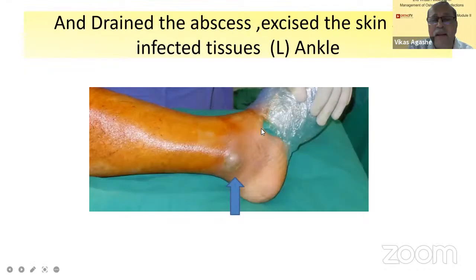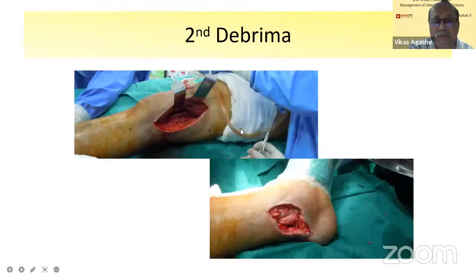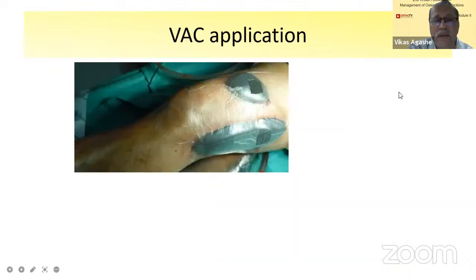I drained this ankle. This is the second debridement. You can see a reasonably clean wound on both sides. So that is the time when we applied VAC. I did not apply VAC on day one. It was only when I realized that there is not much bleeding that I applied VAC, using a wound contact layer so as to prevent the VAC foam getting stuck to the medullary cavity and to prevent excessive bleeding.